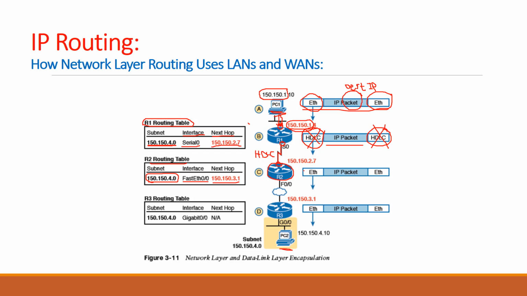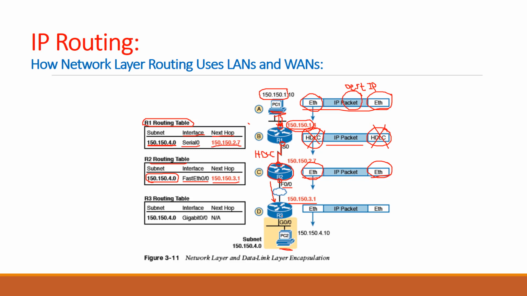So R2 re-encapsulates a new Ethernet header and trailer because the WAN technology used here is Ethernet over MPLS, which is an Ethernet WAN. That's why we are adding a new Ethernet header and trailer, and based on the IP routing table of R2, the outgoing interface will be FastEthernet 0/0 destined to R3, which is 150.150.3.1. So R2 sends to R3 the Ethernet frame.